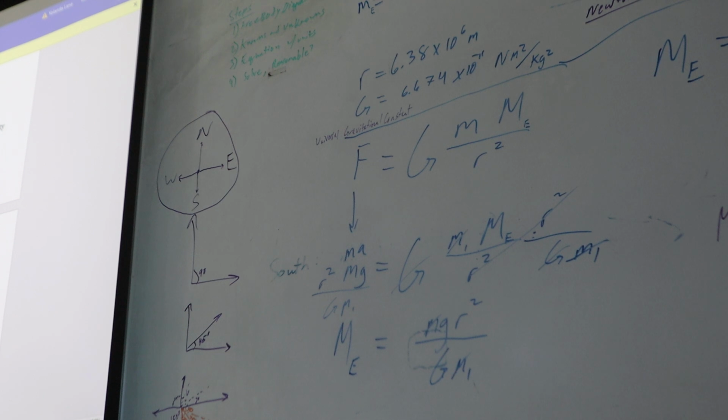So now the kg m per s squared, well that's a newton, and then m over s squared. These are going to cross out, and then this is going to cross out.